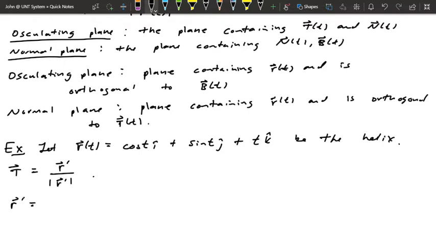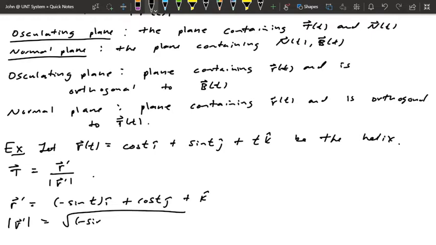r prime is minus sine t i plus cosine t j plus k. And the length of r prime is the square root of minus sine t squared plus cosine t squared plus 1 squared. Sine squared plus cosine squared is 1, so that's square root of 2.